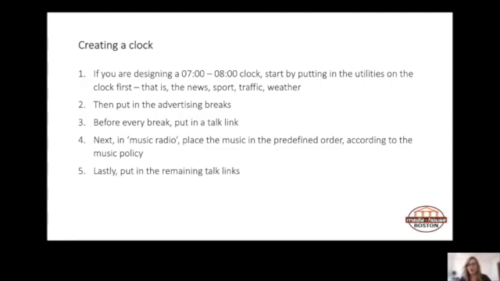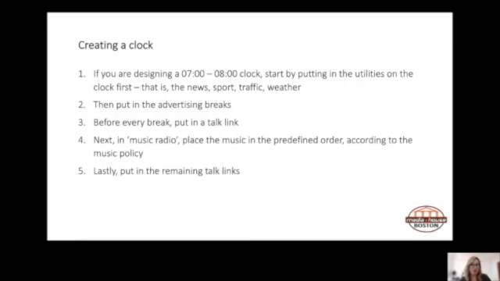Before you move on to the link formatics, start by going back to what we spoke about previously to look at the types of content that are required to fill up talk breaks and links, okay? Because we said at different stages of the life cycle plan, there's different things that you would need to include.